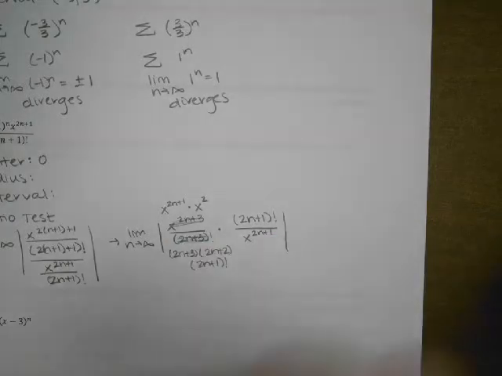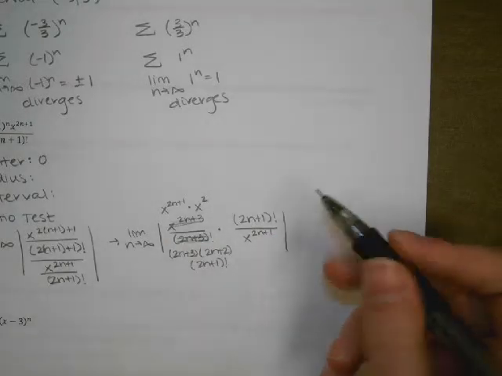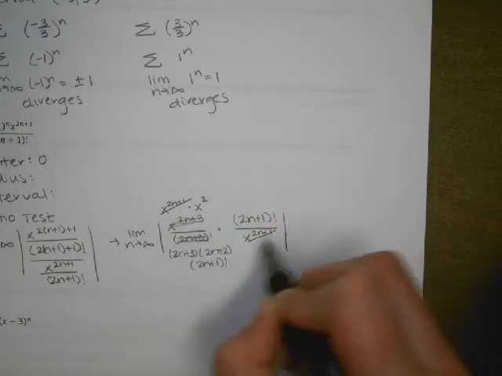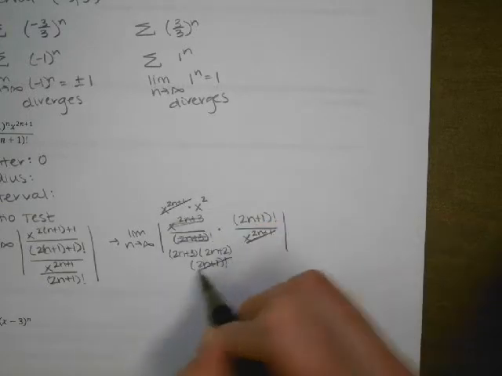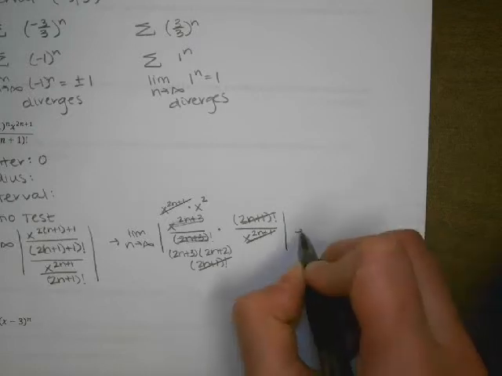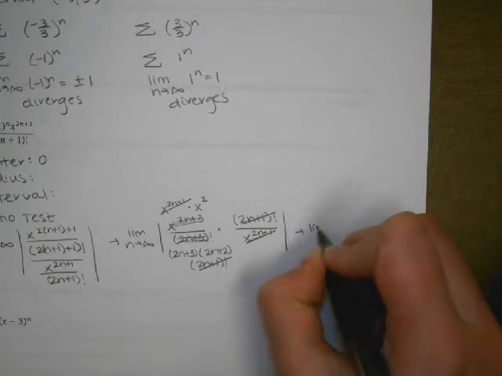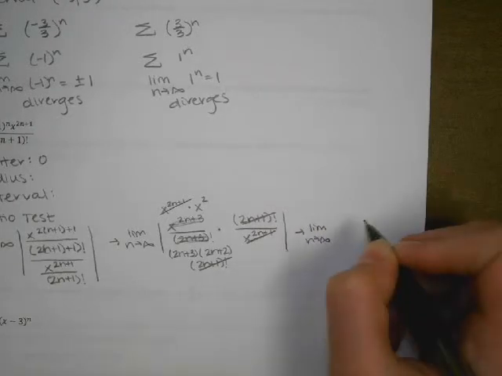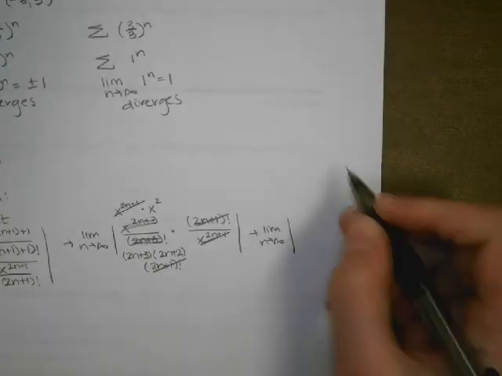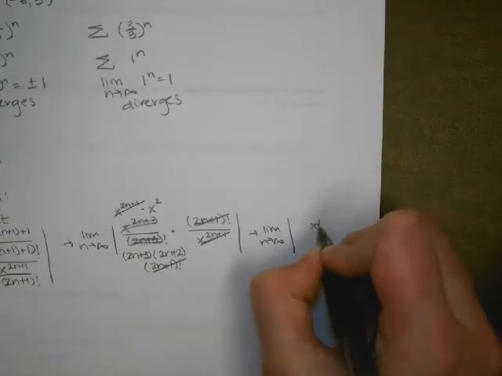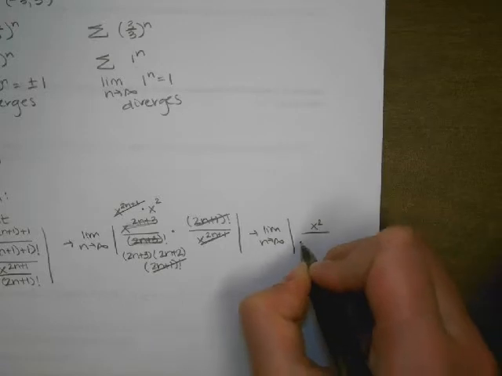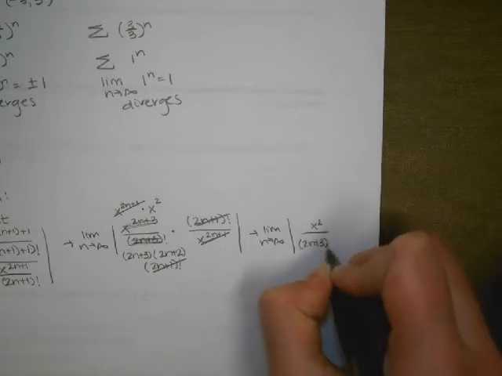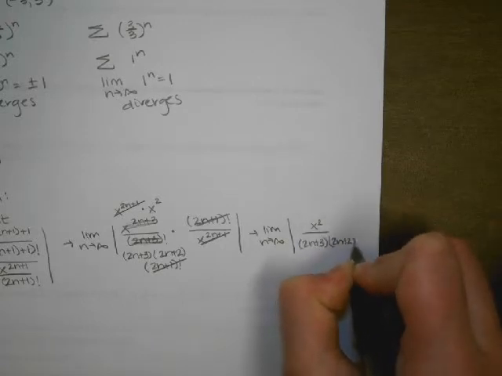And so now if I go ahead and look to see what would cancel, these two would cancel, and then these two would cancel. And so what I'm going to evaluate is the limit as n goes to infinity of x squared on the top over 2n plus 3 times 2n plus 2.